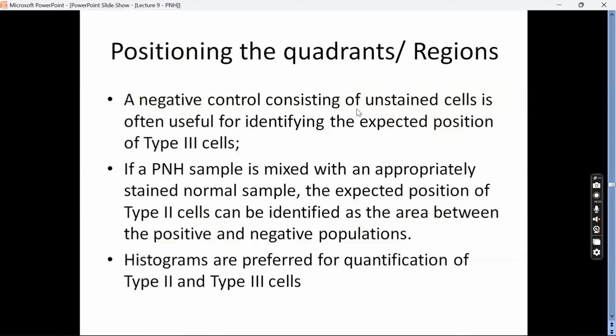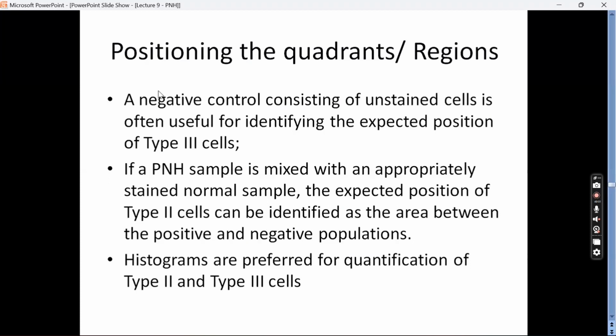A negative control consisting of unstained cells is often useful for identifying the expected position of type 3 cells because you are not adding any antibodies, and it behaves something like the RBCs of a PNH patient. One way of doing this is, as I said, to run a normal stained control and an unstained control.